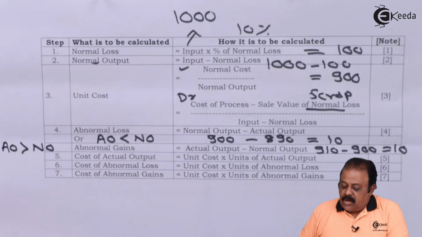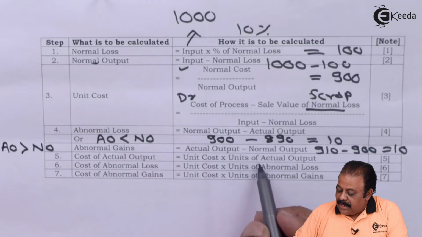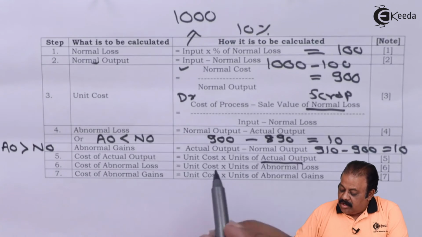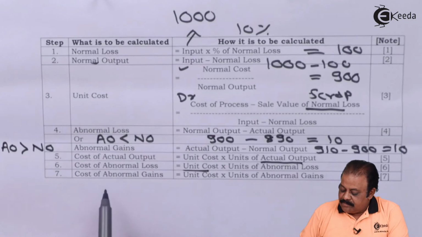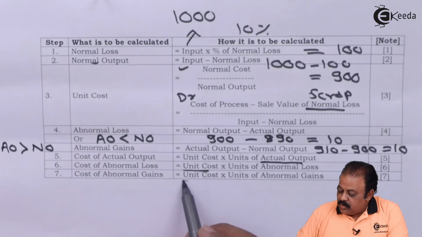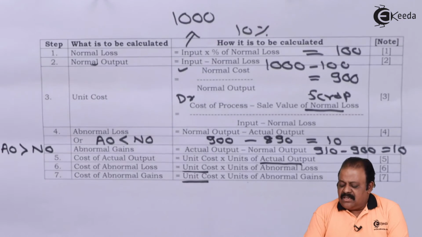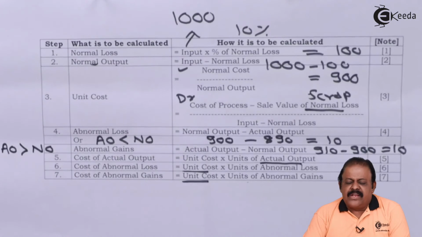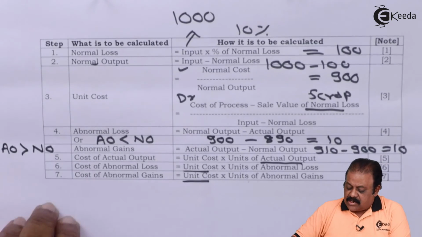If we are required to find out cost of actual output, we are required to see unit cost multiplied by units of actual output. Cost of abnormal loss, unit cost multiplied by units of abnormal loss. Cost of abnormal gain, unit cost multiplied by units of abnormal gain. These are the few formulas which will be useful while showing the answers for a particular question, apart from preparation of process cost account.